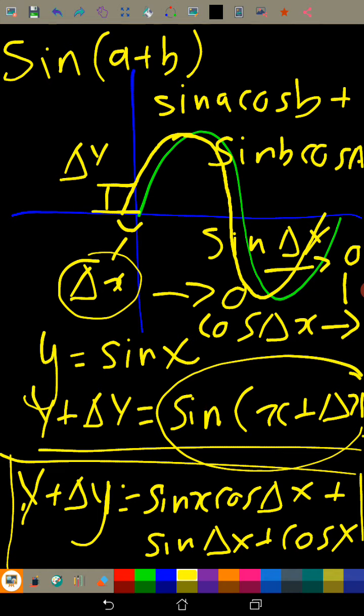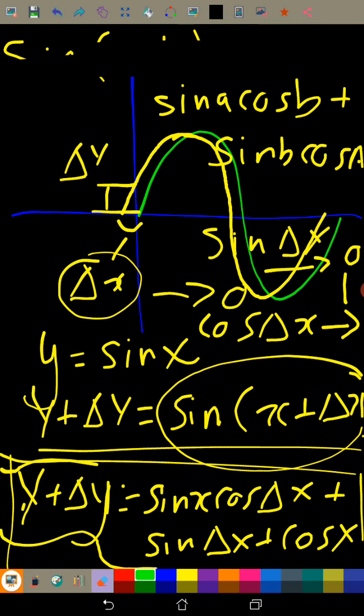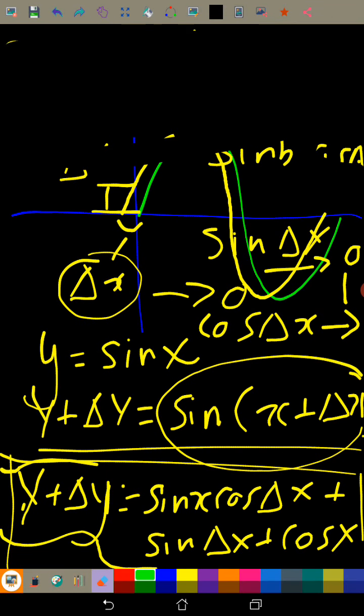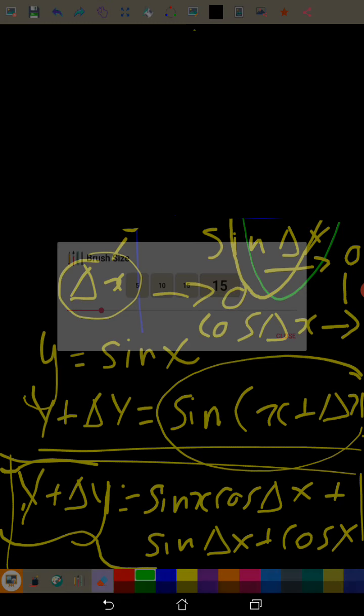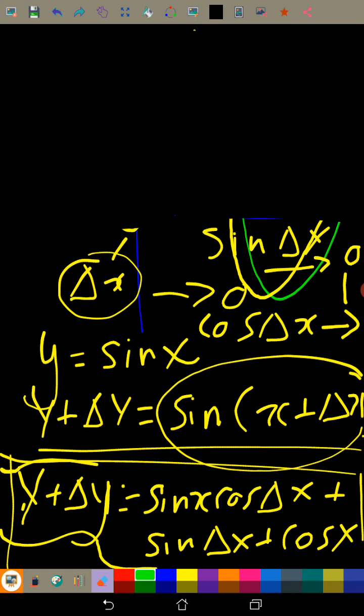But then we can simplify this. So what I need to do is erase this to make some space, and let's write here. So what do we need here?